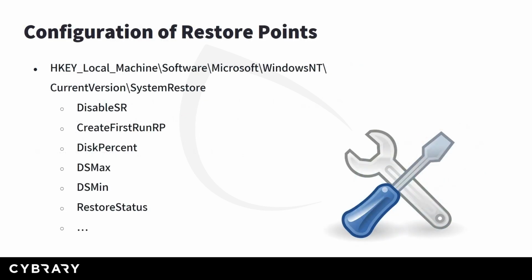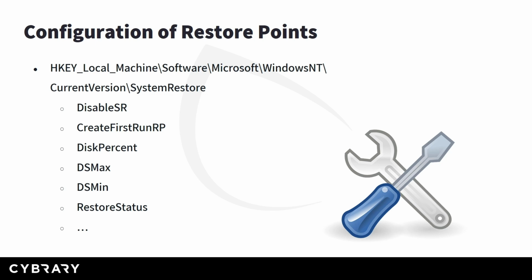There are several configuration options available to change the usage of restore points. These are stored in the registry under HKEY_LOCAL_MACHINE, Software, Microsoft, Windows NT, CurrentVersion, SystemRestore. This key contains subkeys such as DisableSR that will allow the user to turn off System Restore.